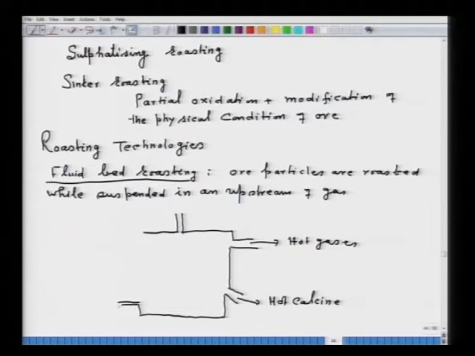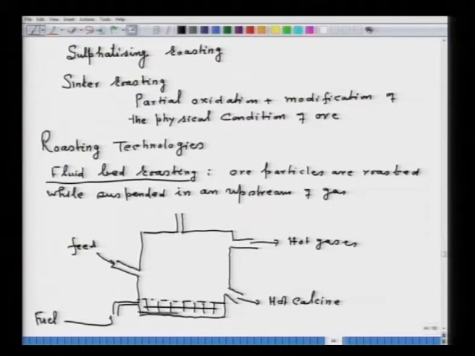If some fuel is required for some purpose, then there is a provision for supply of auxiliary fuel, and here you have the feed, and here you supply air.